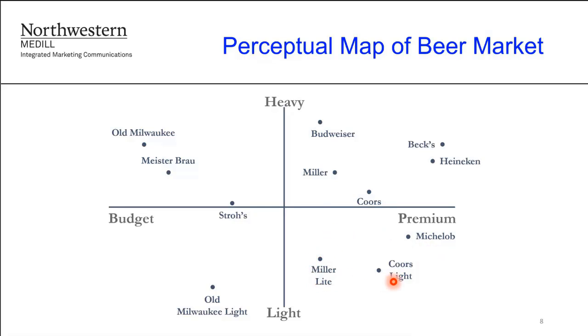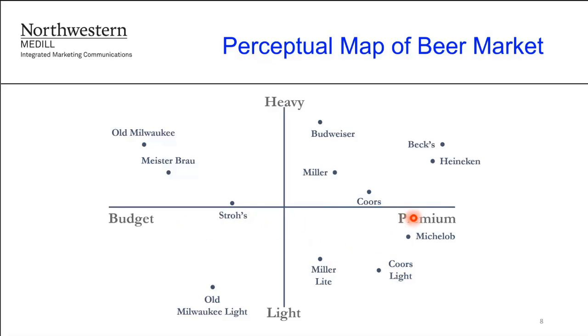For example, the y-axis more represents whether the beer is heavy or light. Budweiser, Beck's, or Old Milwaukee are rather heavy, and Miller Lite, Old Milwaukee Light and Coors Light are light beers.